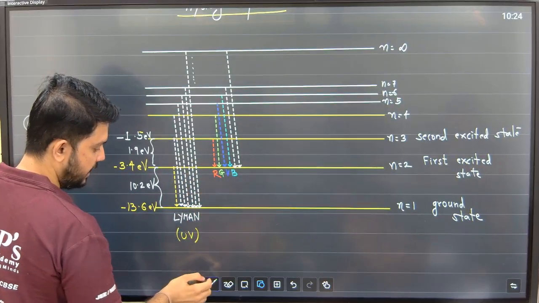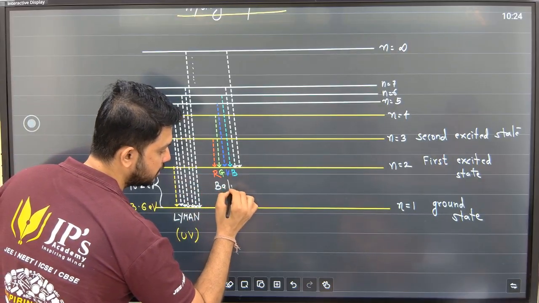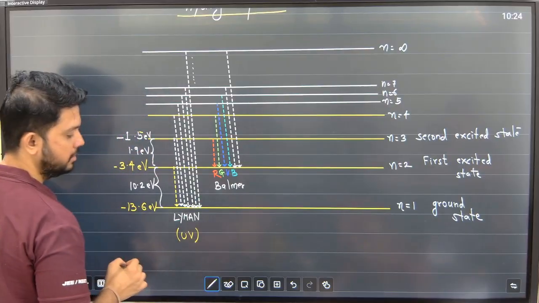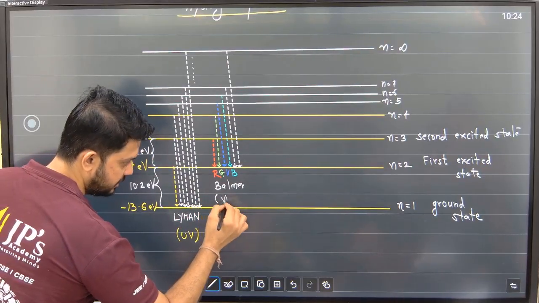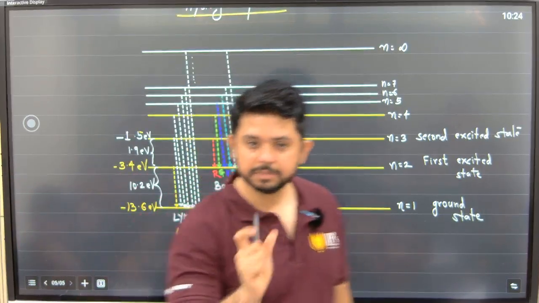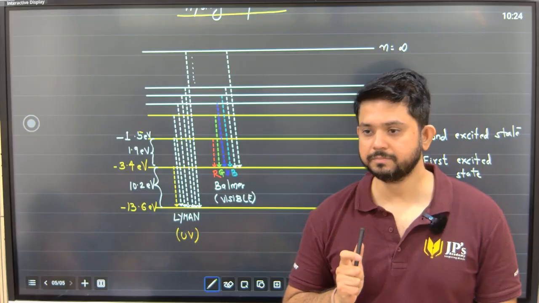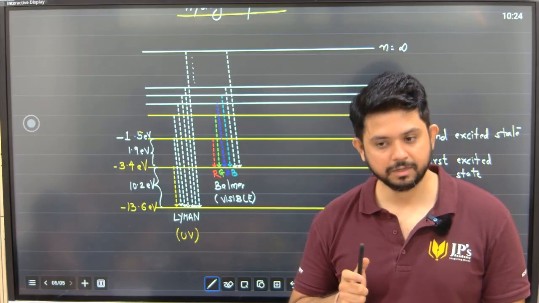So the second region where you can actually see color, this region is called Balmer, and this is the only visible part of the hydrogen spectrum. Did you people get that?